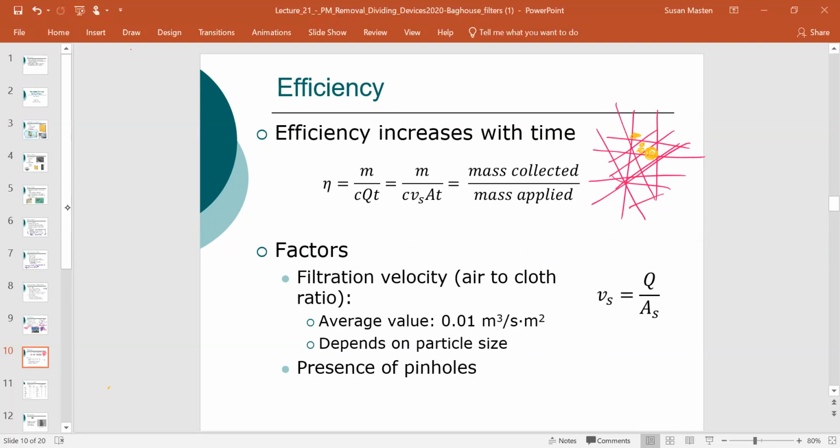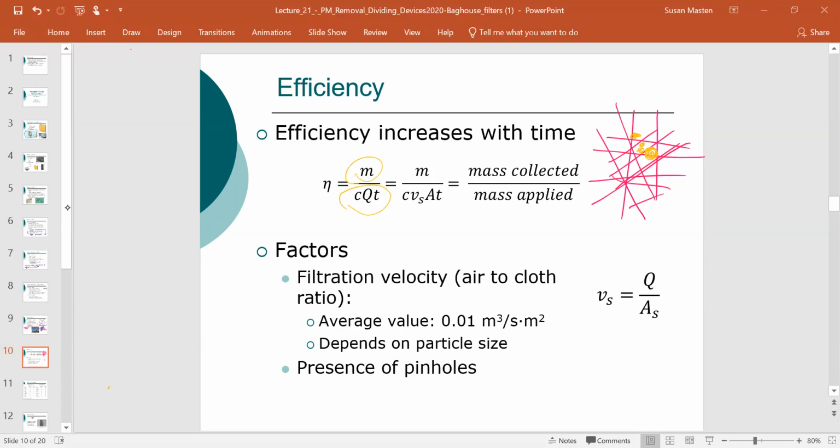We describe the efficiency as the mass of particles collected divided by the mass we applied. The difference is what goes through that filter. So the mass collected is just M, that's the mass.